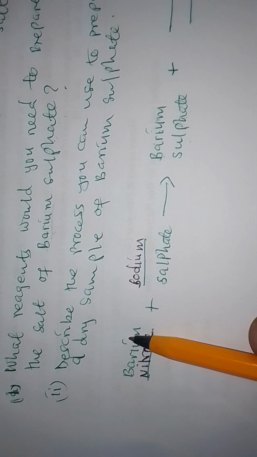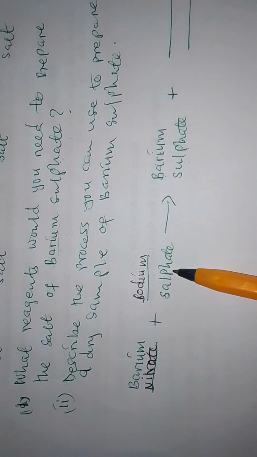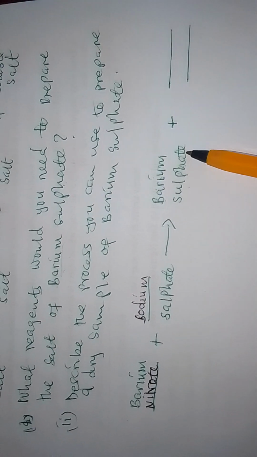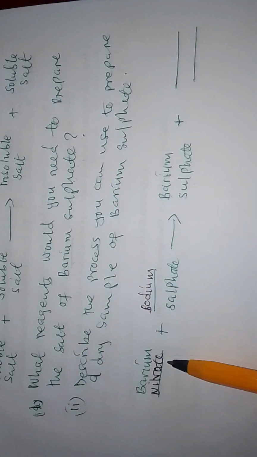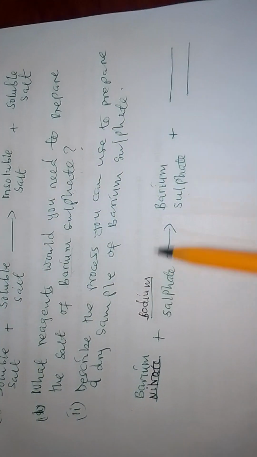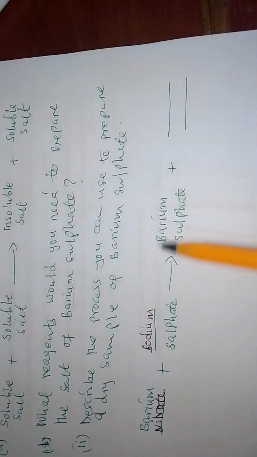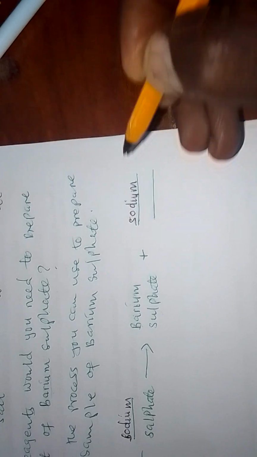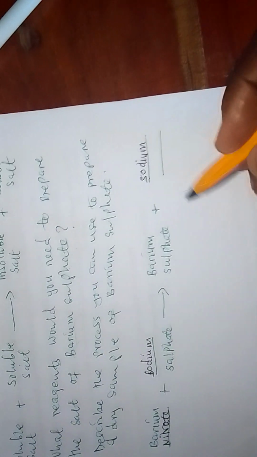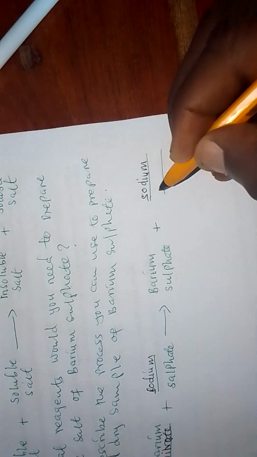Then, of course, barium and sulfate combined to form barium sulfate. Then this nitrate and sodium combine. Of course, start with a metal. This is a metal, this is a non-metal. So when writing here, you always start with a metal. A metal must be on top. Here the metal is sodium. So you write sodium, then this nitrate will be here.